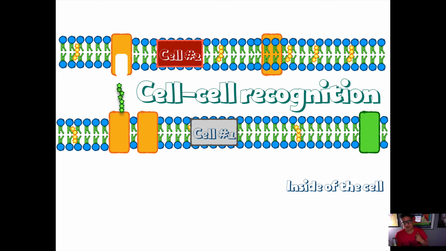Well, it's going to go to each glycoprotein in the cell to see if it's a cell that belongs here, because you might have bacteria in your body that don't belong, and your immune system will identify that bacteria by the glycoproteins that are outside of its cell membrane.